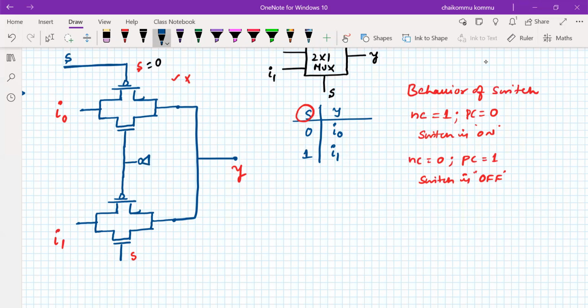We have to apply the NOT gate to this point. Just for simplicity, I'm writing all these things. Similarly, S must be connected to the top of this one. Again, the S is connected here also.